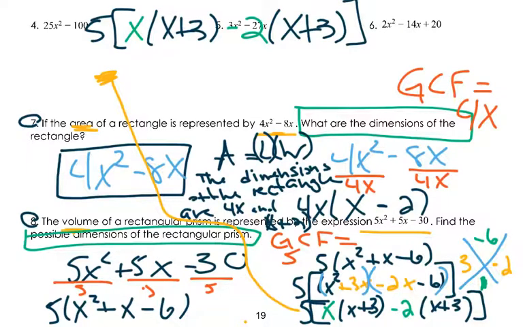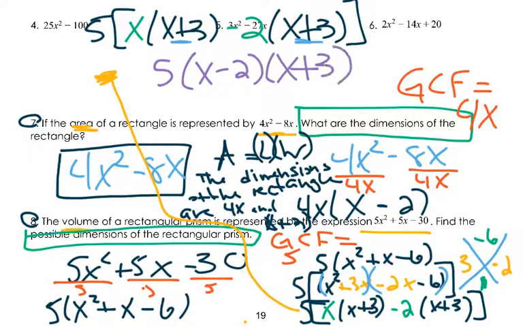Since these are the same, I can bring x and negative 2 together, by the properties of multiplication. And I will have 5 times x minus 2 times x plus 3.